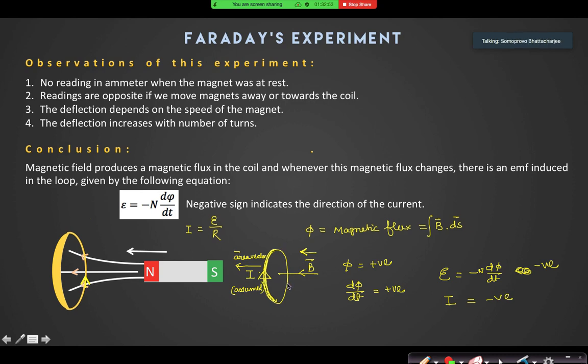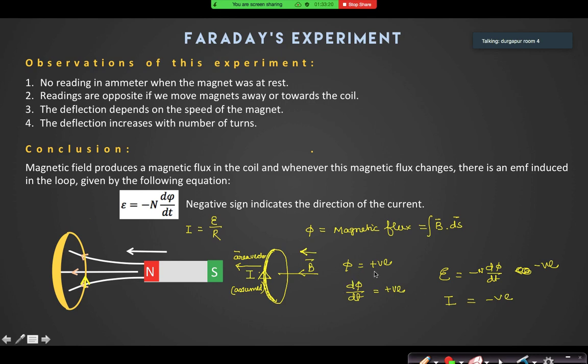The current direction, I have assumed in this direction, and then I have said that this is the area vector. How will you find that? You curl your right hand fingers along the direction of current, and your thumb will point along the area vector. Now you multiply B dot A. It is positive. So phi is positive, and the magnitude of phi is increasing with time, so d phi by dt is positive.